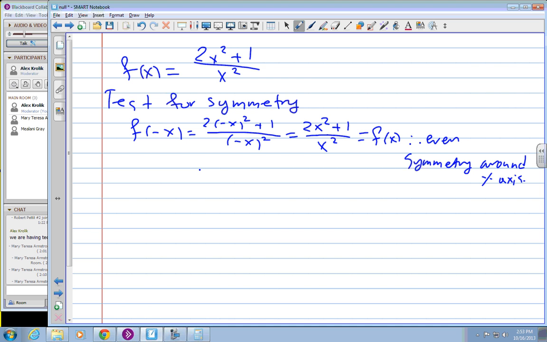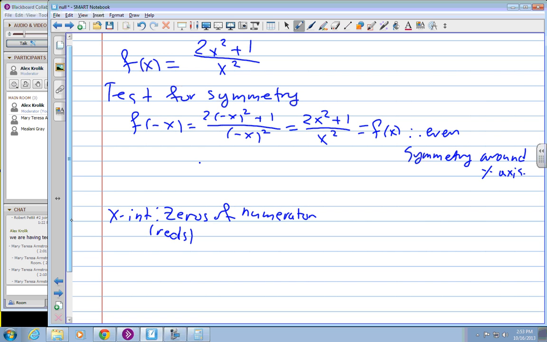Now, let's just verbalize this. Are there any x-intercepts? Remember how when we do the x-intercepts, those are zeros of the numerator, and I should state that those are real zeros of the numerator. I don't care about the imaginary zeros of the numerator. I won't be able to graph them.